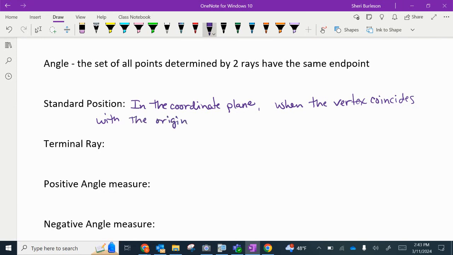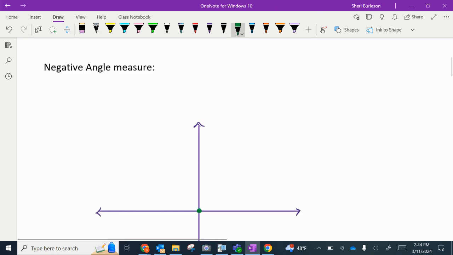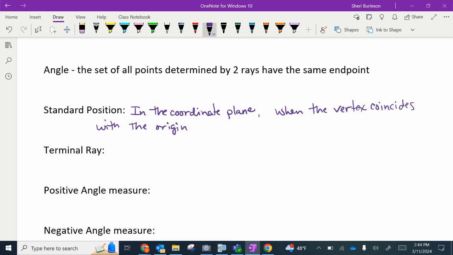Okay. So I'm going to scroll and then I'm going to come back. Do we see a coordinate plane here? When the vertex corresponds with the origin. You see what I'm talking about? Okay. The vertex corresponds with the origin.